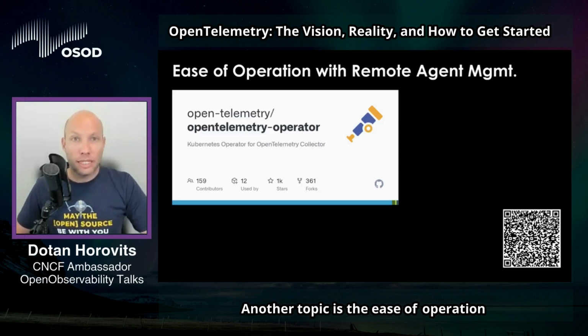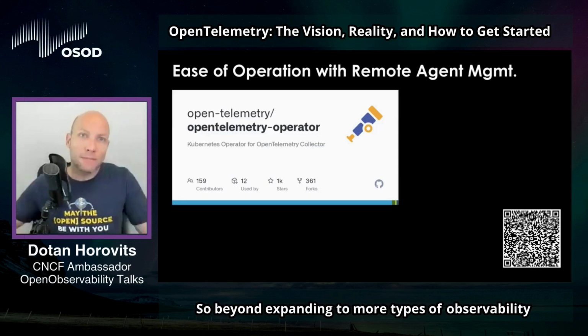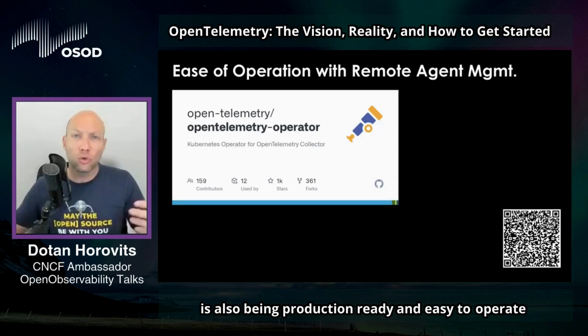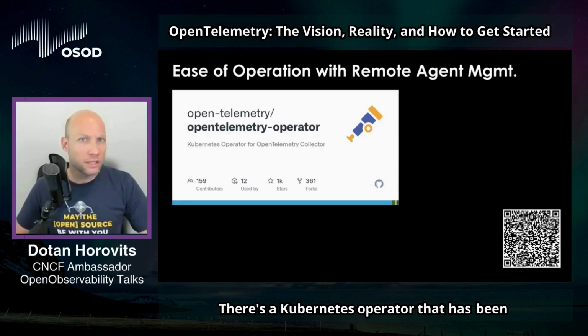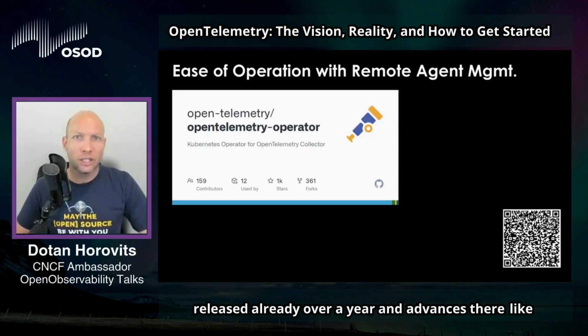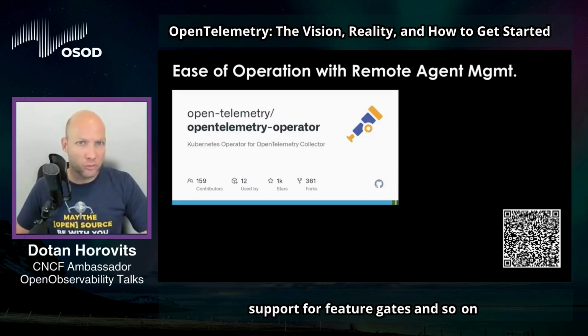Another topic is ease of operation. Beyond expanding to more types of observability, it's also about being production ready and easy to operate in production. A lot of that has been done. There's a Kubernetes operator that has been released for over a year, with advances like support for feature gates and so on.